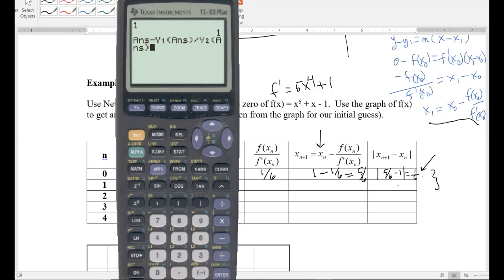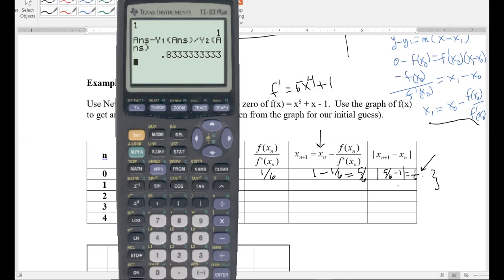That's Newton's formula. This will give us the x sub n, the next value of x sub n. So let's look at that. Now there's the 0.833, and that is the 5/6 that we calculated over here. Now the good thing about this is all you have to do, since this is the new answer, is to pull up the previous line on the calculator and enter once more.